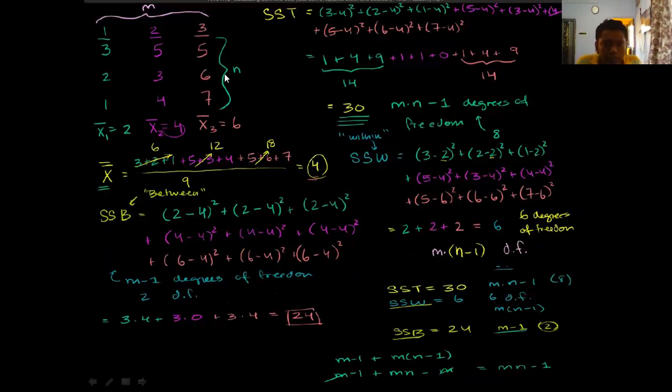Now take a look at how this is done. First you calculate the mean of the first group. The mean of the first group, X1 bar, is equal to 2.